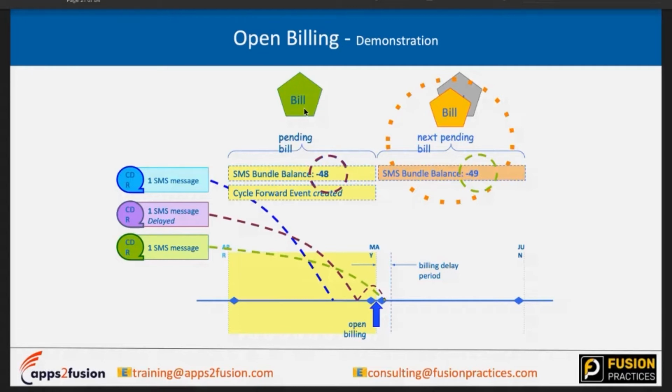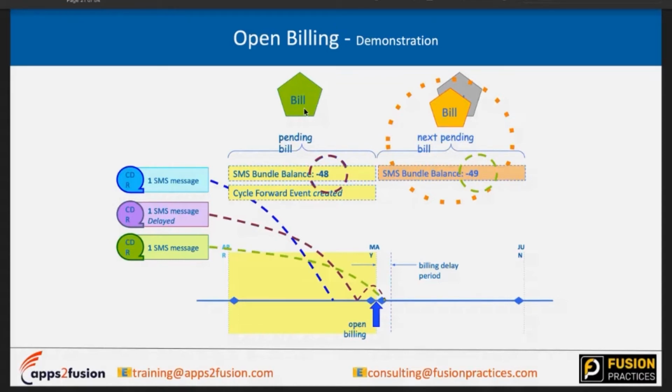So whatever your accounting cycle is, if it was from 10th to 10th, then from 10th 00 hours to the next 10th 00 hours will be rated from the current bill cycle. Anything after that will be rated from the next bill cycle.